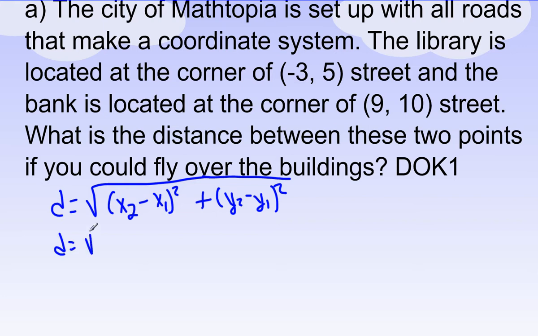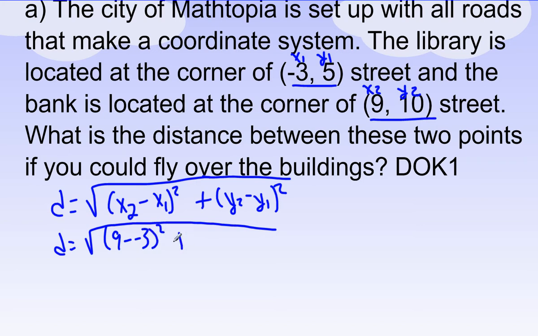So, let's see here. We've got x1, y1, x2, y2. That's the first point I got in the problem. That's the second point. 9 minus -3 squared plus 10 minus 5 squared.